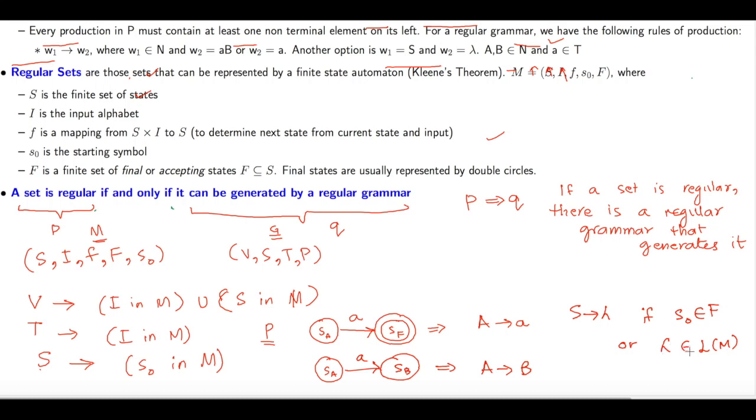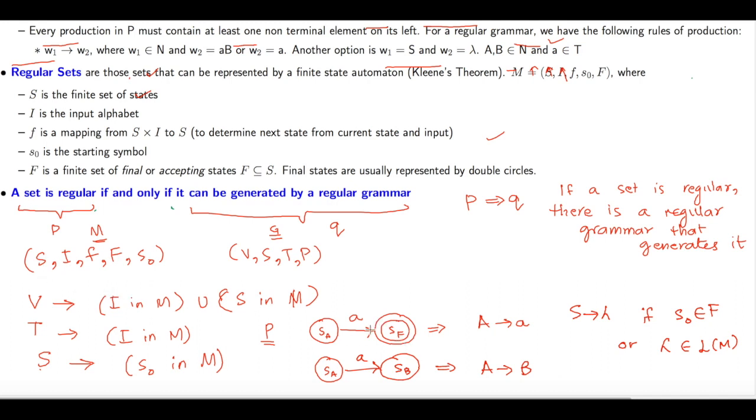Again, we can appreciate that the language generated by this grammar will be the same as the language generated by the automaton, because if we can start from a starting state and end up with a final state and get the same symbol, we can start with the starting symbol and end up with some terminal symbol.